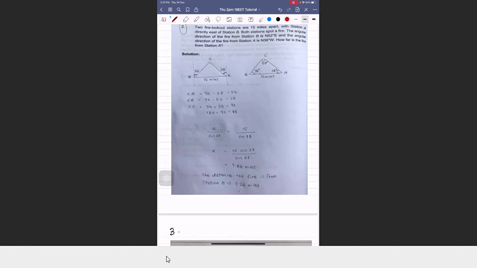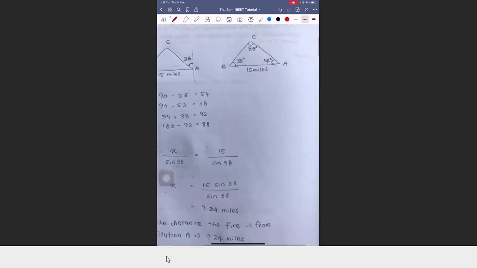The angular direction of the fire from station B is north 52 degrees east, and the angular direction of the fire from station A is north 36 degrees west. So how far is the fire from station A?